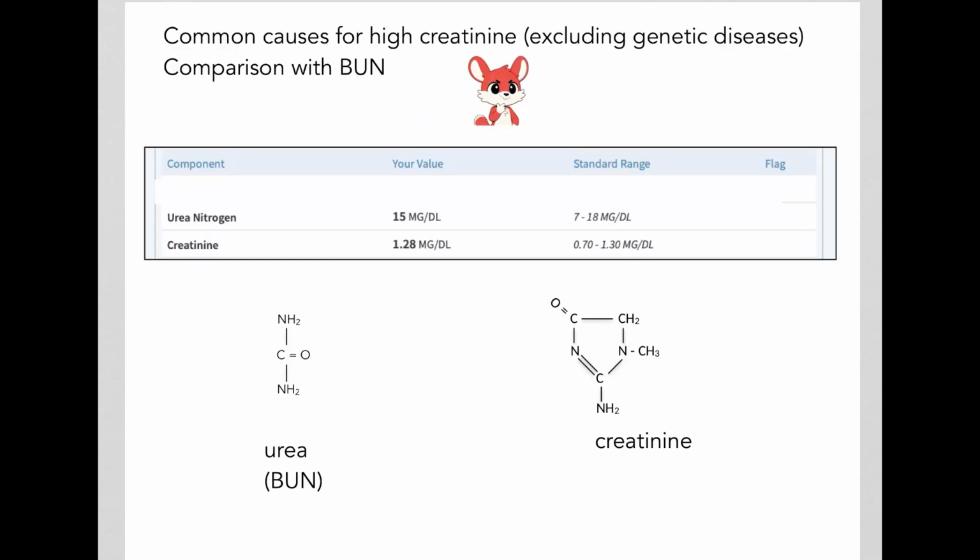Okay, so now let's discuss the common causes for high creatinine. Whenever possible, we'll try to compare that with BUN so that you better understand the BUN creatinine ratio that we'll discuss in the next video.